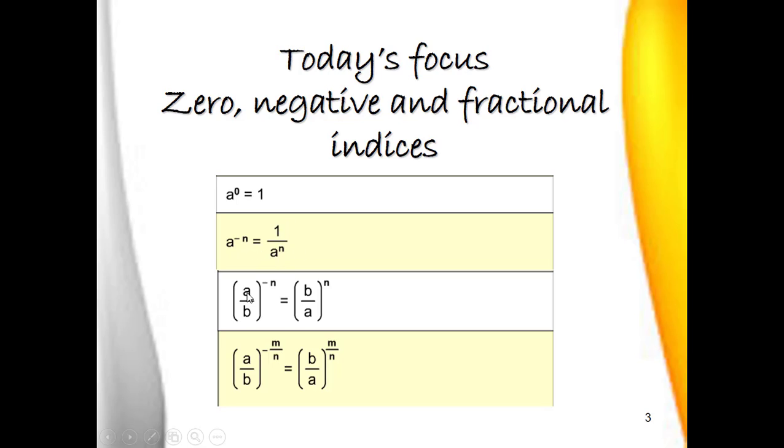So if it's a over b, then you invert a over b so it becomes b over a. Same for this one: this is negative, and if we want to change it to positive, we just invert a over b to become b over a, and that is the answer.